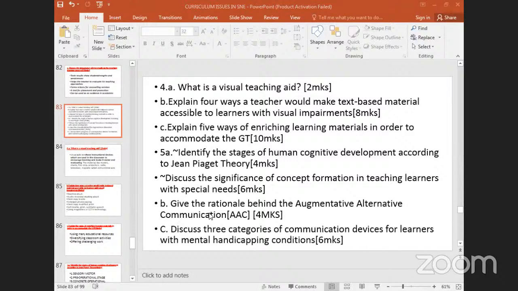Yes. AAC, that is augmentative alternative communication, are alternative ways to communicate by use of communication devices or apps. Equally, augmentative and alternative communication describes multiple ways to communicate.